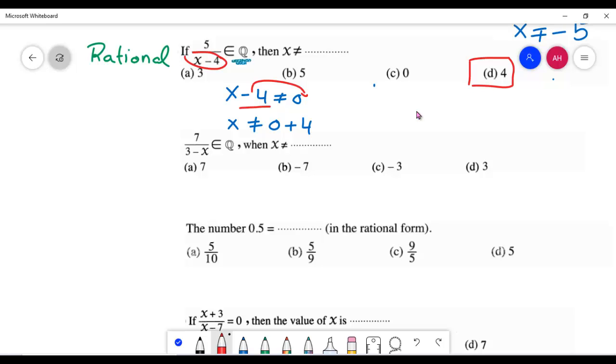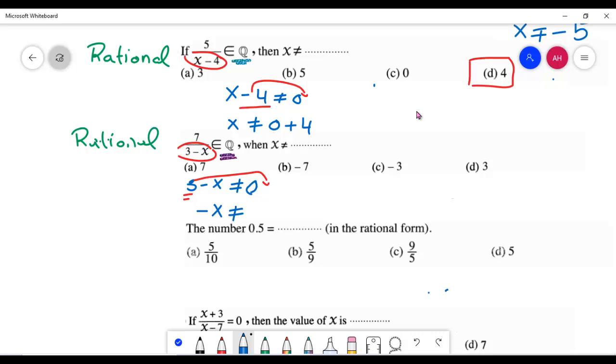Let's go now for the next one. 7 over 3 minus x belongs to Q. And we said that when I have belongs to Q, this means that this number is a rational number. The most important condition for a rational number is that my denominator is not equal to 0. In other words, 3 minus x is not equal to 0. I am going to move the 3 to the other side.